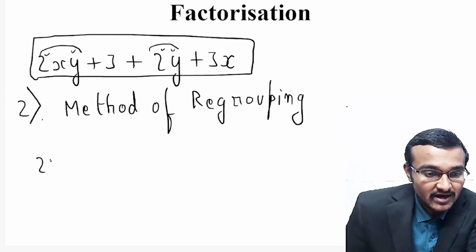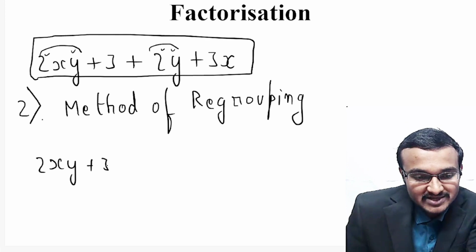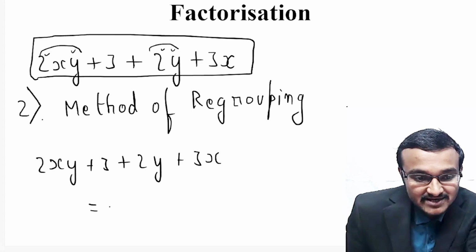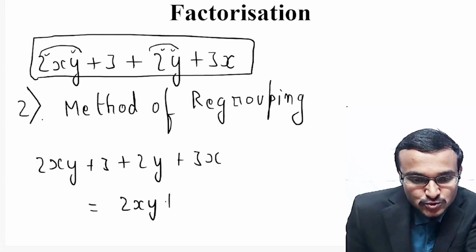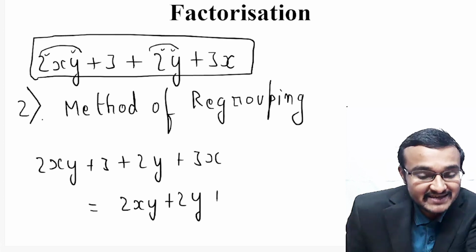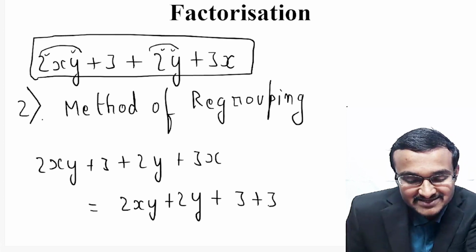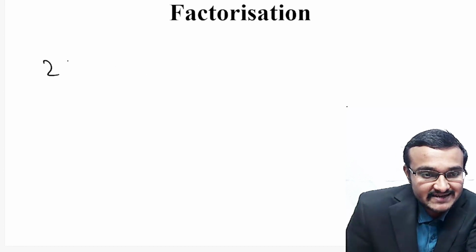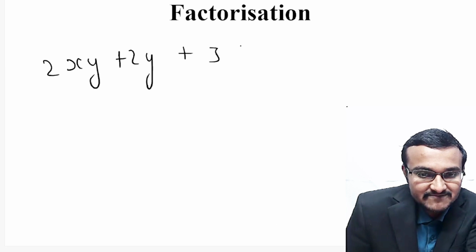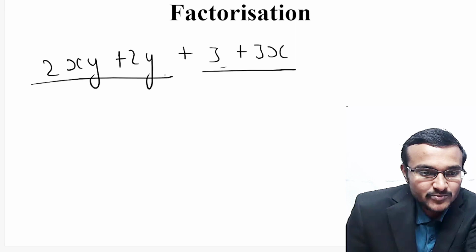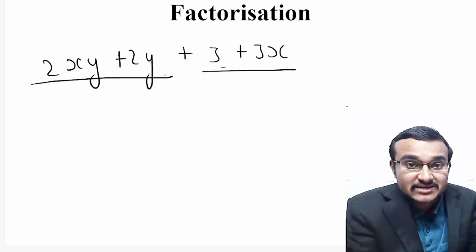So you can write 2xy plus 3 plus 2y plus 3x as 2xy plus 2y, which I am making one group, plus 3 plus 3x, which I am making another group. Now consider this as one group and this as another group. That's why it is known as the method of regrouping.